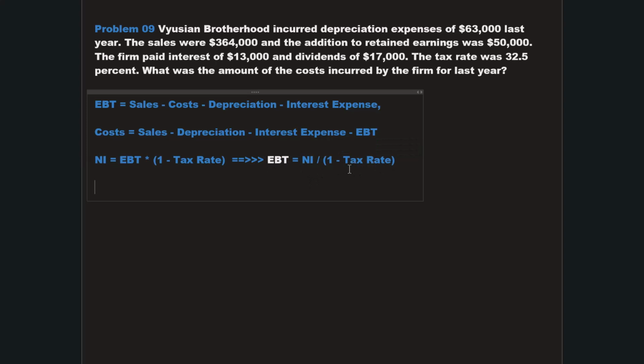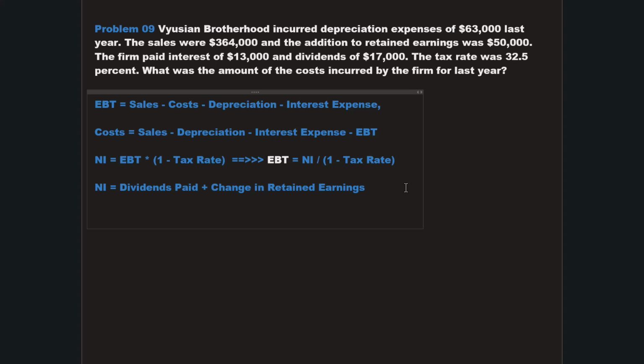We do know the tax rate, so we do need to figure out what net income is. Well, we have another identity that involves net income. Net income equals dividends paid plus change in retained earnings. Are we given both of those in this problem?